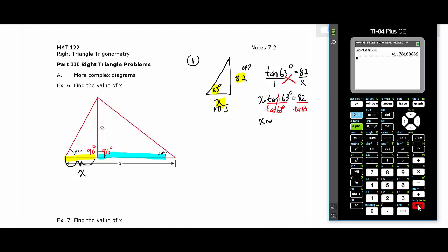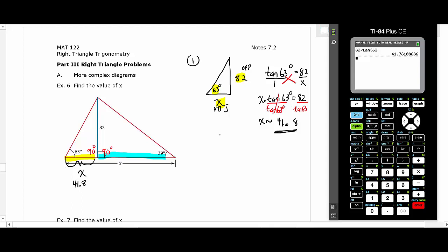And we'll round that off to 1 decimal. Usually I tell you what to round it to, I didn't on this handout, I think. So we'll say that's 41 point, the 7 has to go up to 8, so 41.8. So this piece of the problem, x, is going to be 41.8.